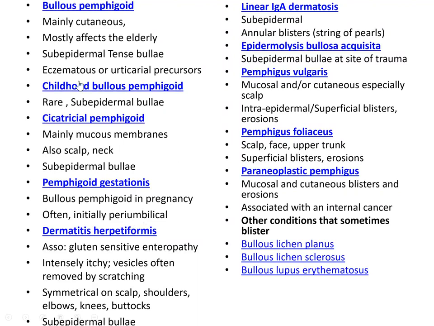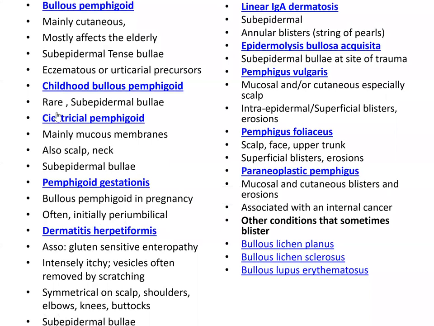Bullous pemphigoid has other common variants, but there are so many other variants if you go into depth: cicatricial pemphigoid, childhood bullous pemphigoid, etc. They are highlighted in blue color, and the pemphigus group has certain other variants, and dermatitis herpetiformis is somewhat less common.